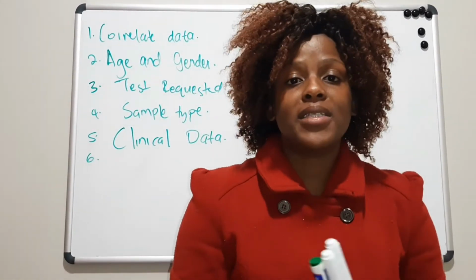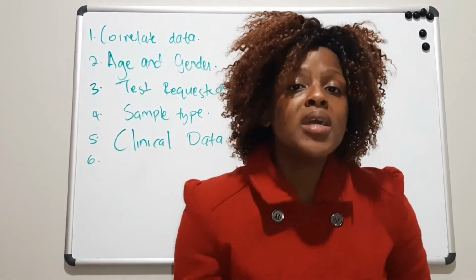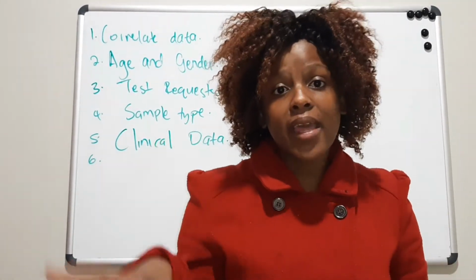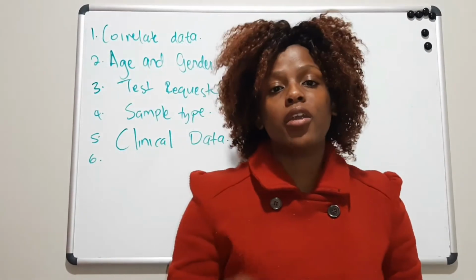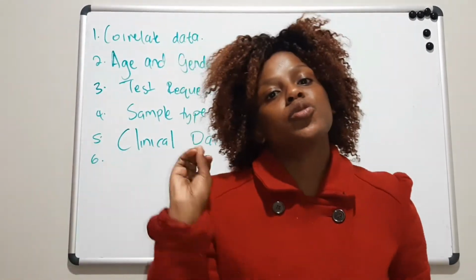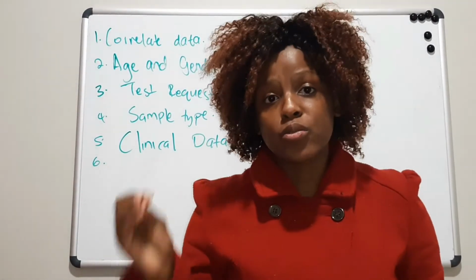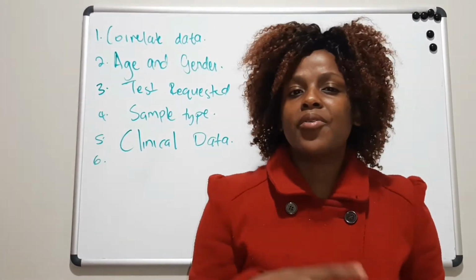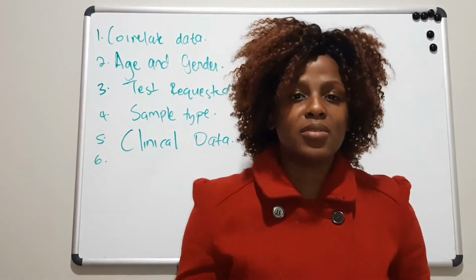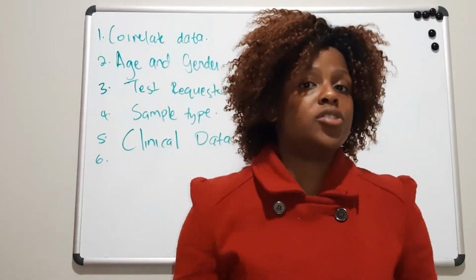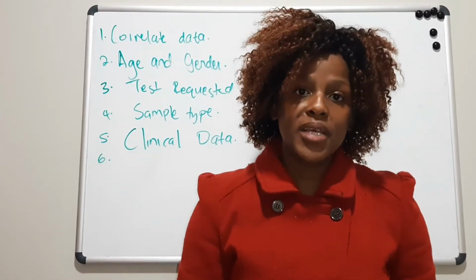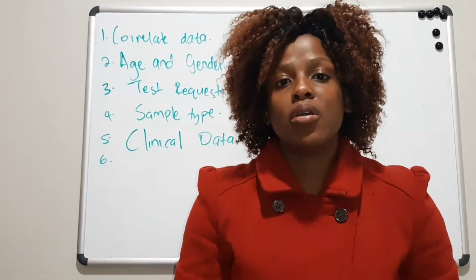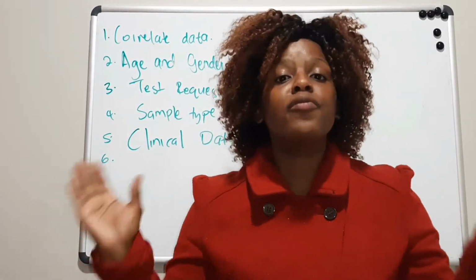So that's why that time is very important, because if the time is included on the request form and it's been put into the LIS system, it is going to help with the interpretation of the results as well. And with other tests like creatinine clearance, or tests that require timed collection of urine, the collection time is very important, because the sample has to be collected for a period of 24 hours.